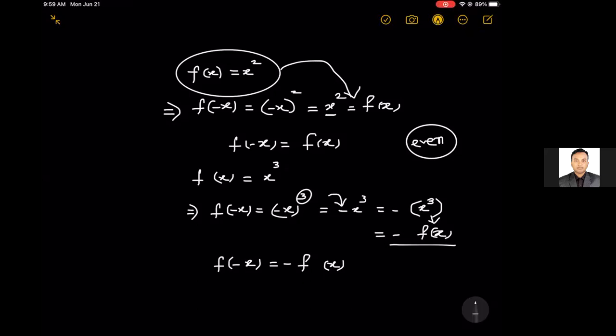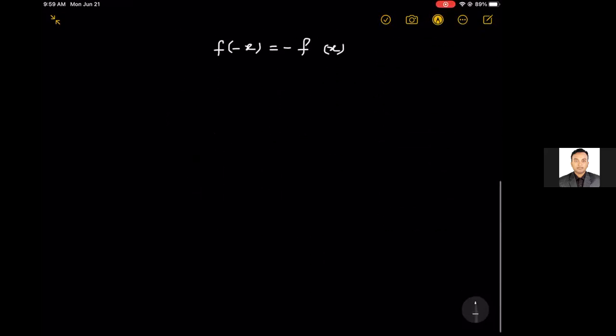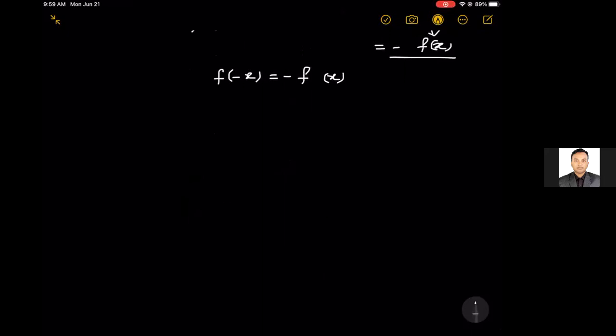Okay. So if this information is given, whether it's odd or even, then it's really an advantage for us. How? If we know that even if we change the values to negative, we'll still get the same function, in other words, if we know the function is even, then it helps us to imagine that this is the positive values of x, right?